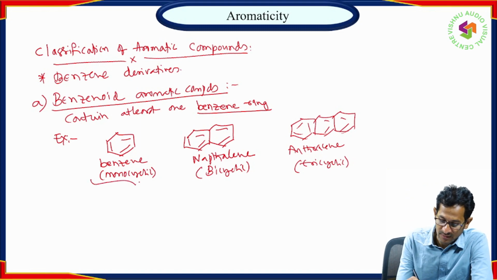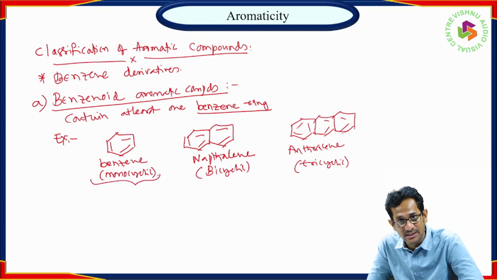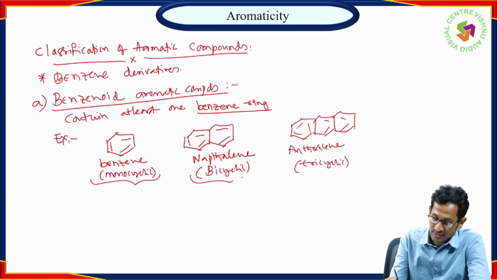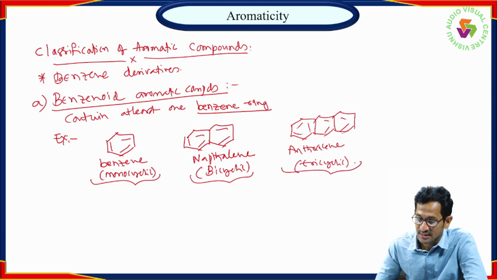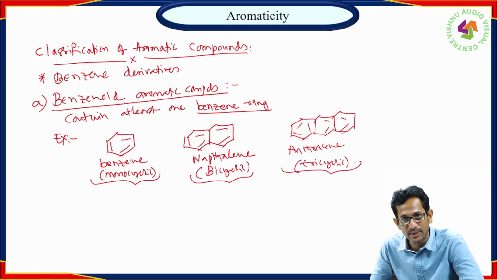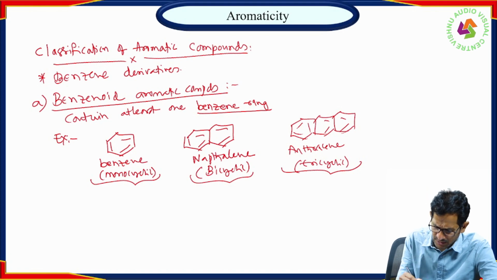Naphthalene, a bicyclic benzenoid aromatic compound. Anthracene, a tricyclic benzenoid aromatic compound. You can simply write this.